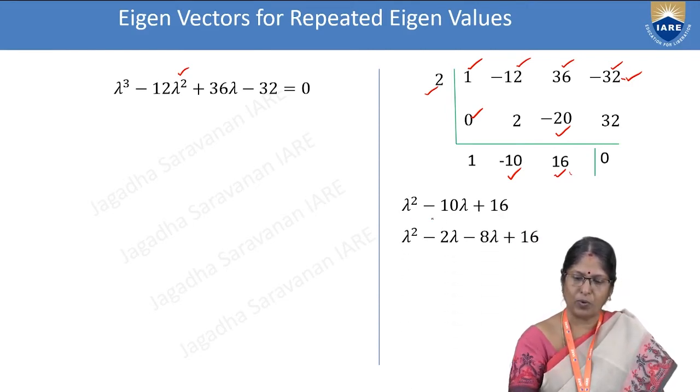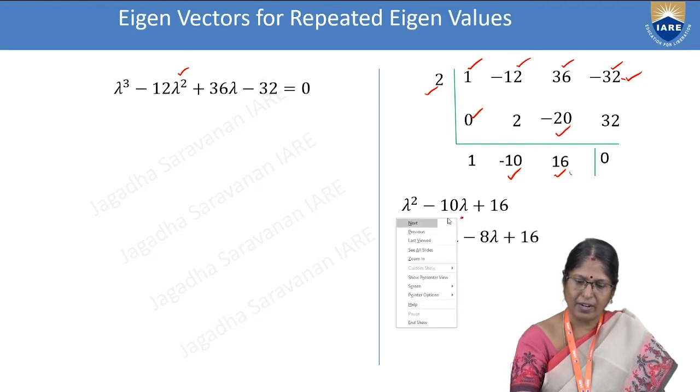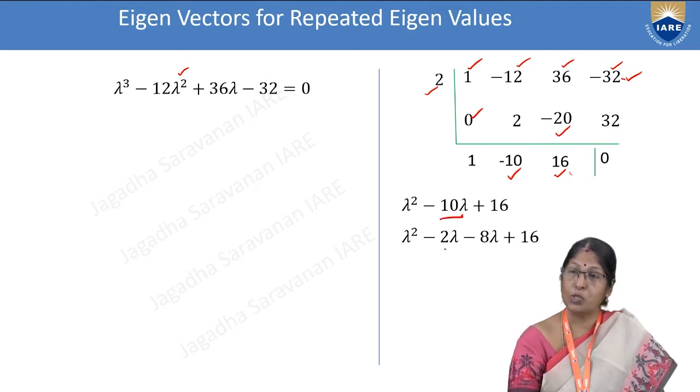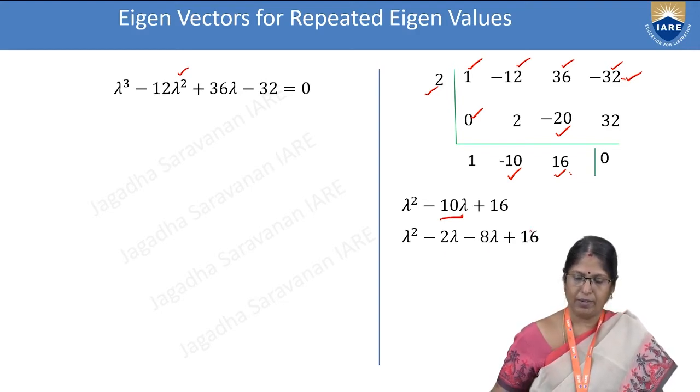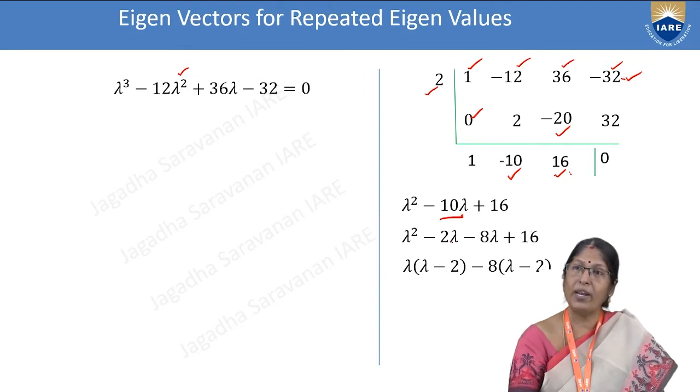That is lambda square, this minus 10 lambda is split into minus 2 lambda minus 8 lambda plus 16. So here common, lambda has been taken outside. So the balance is lambda minus 2 is written.